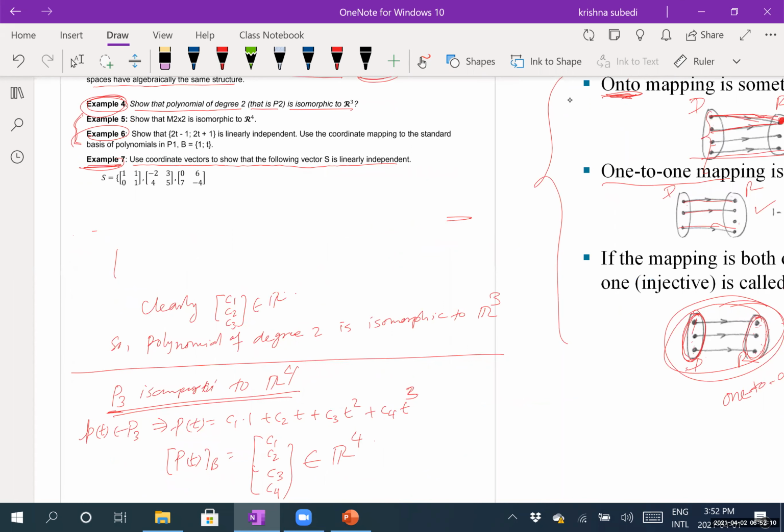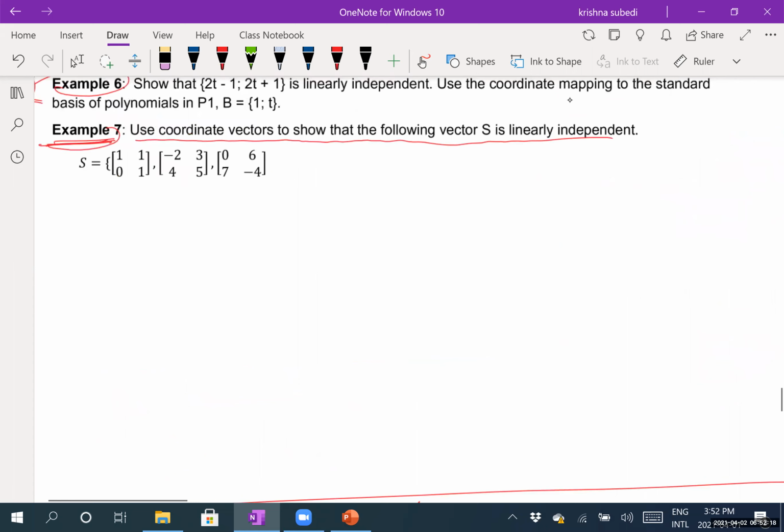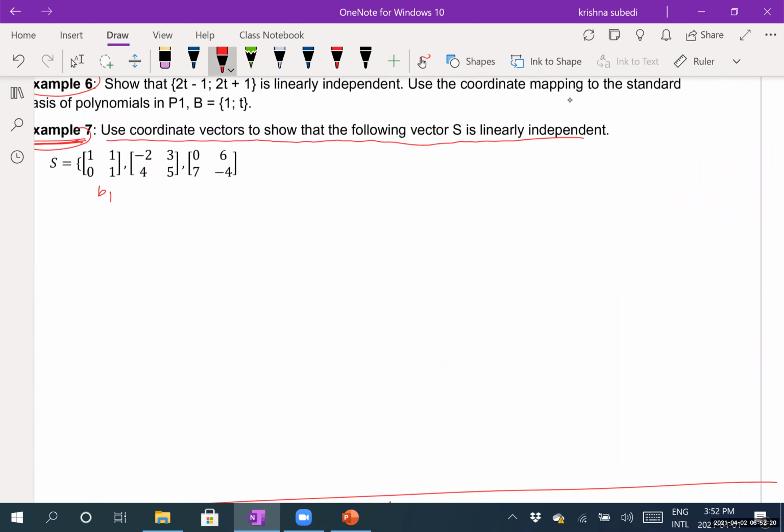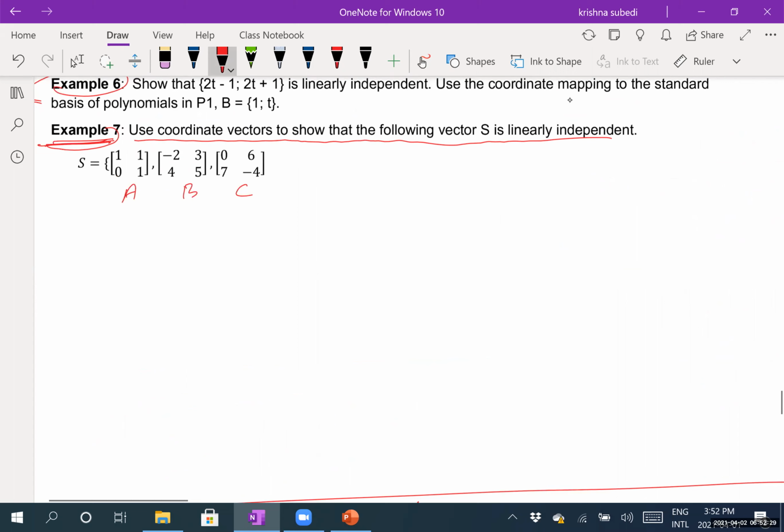Guys, give me 2 minutes and we'll be done. Let's say this is my B1, this is B2, and this is B3. Or maybe I can write A, B, C. Oh, not ABC, because we write B coordinate there.